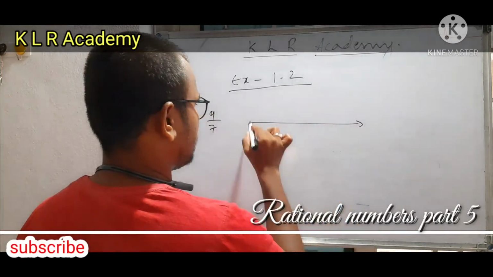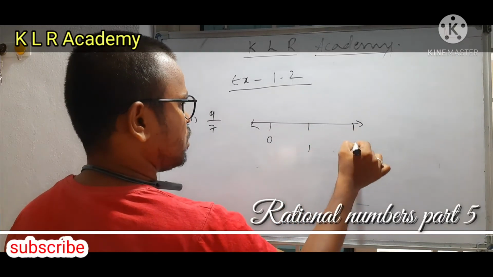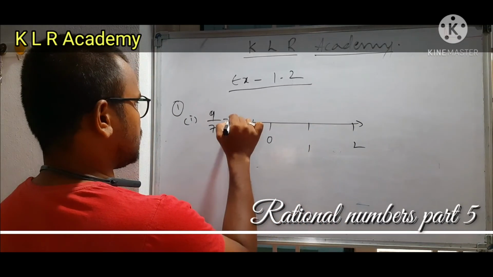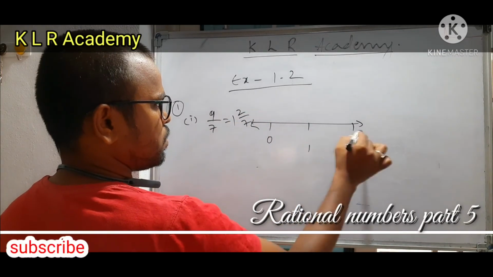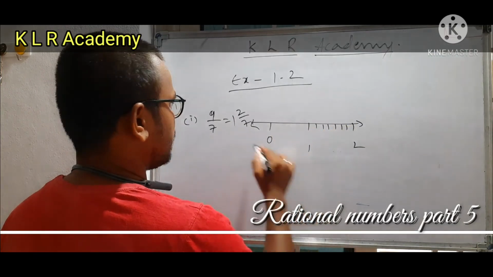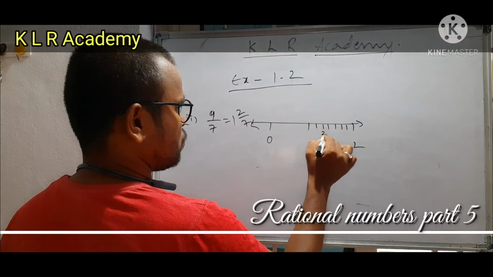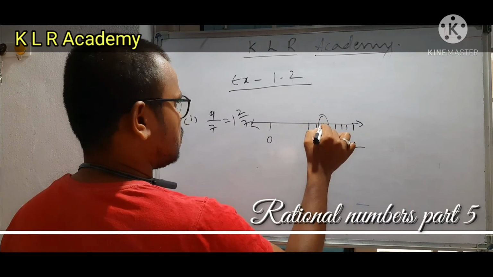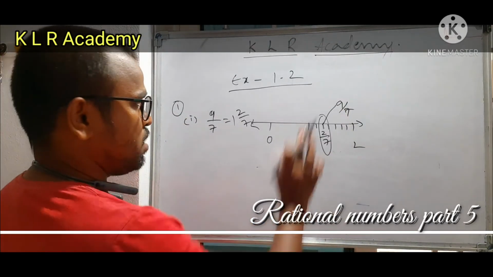It is an improper fraction. 0, 1, 2. 9 by 7 means 1 and 2 by 7. So 1, and then divide this one into 7 equal parts. 1, 2, 3, 4, 5, 6, 7. So 2 by 7. This is 0, 1, 2. This value is 9 by 7.